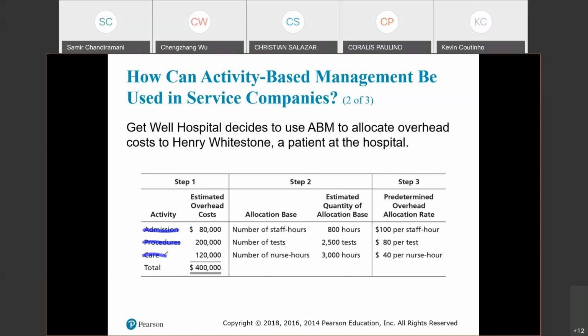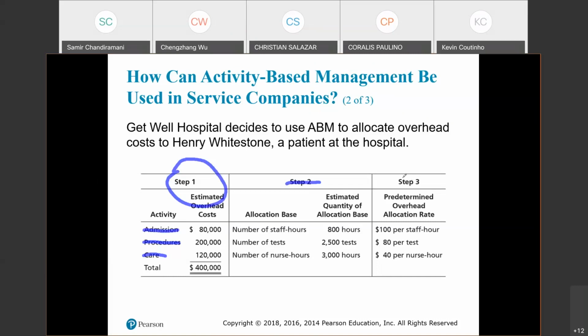And in step 2, well, this is step 1. In step 2, the hospital estimated the quantity of allocation base. There are 800 hours, 2,500 tests, and 3,000 hours, respectively.